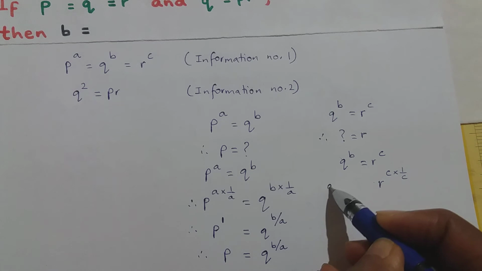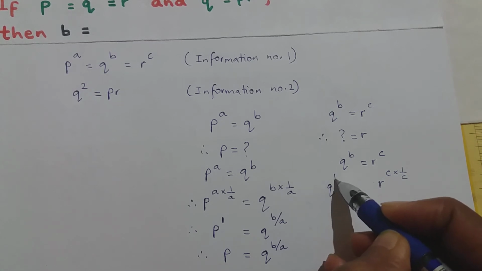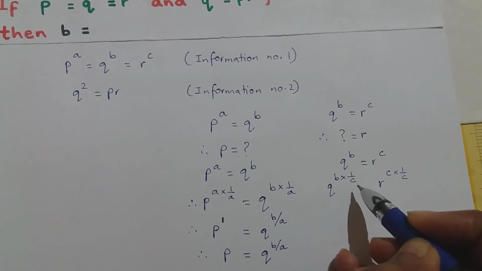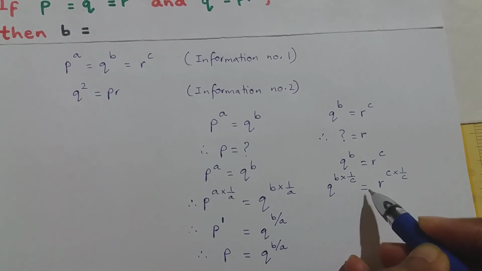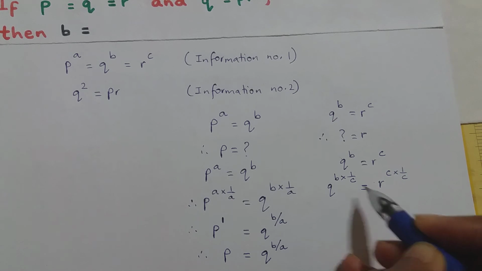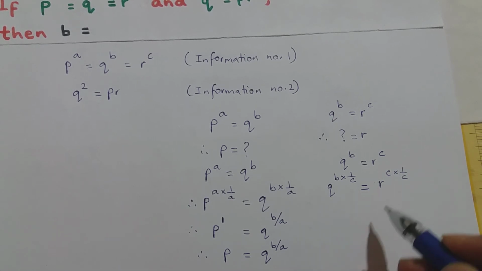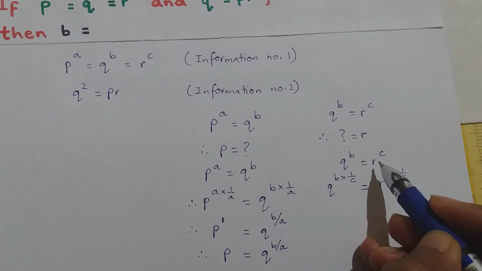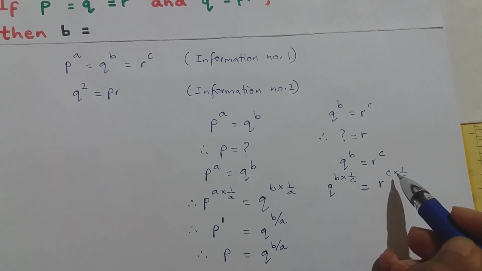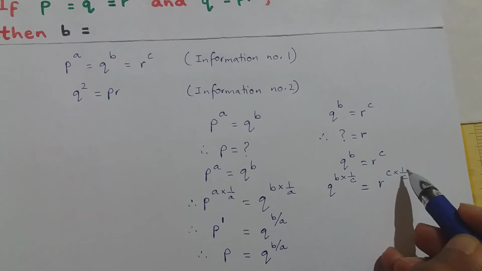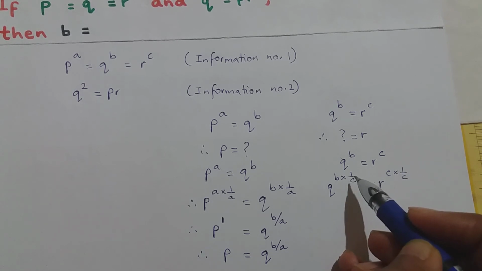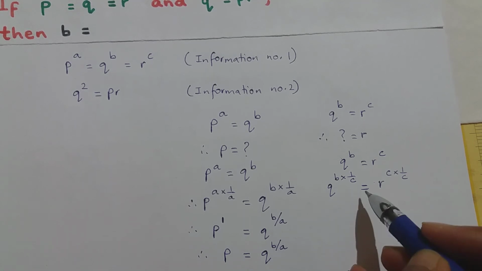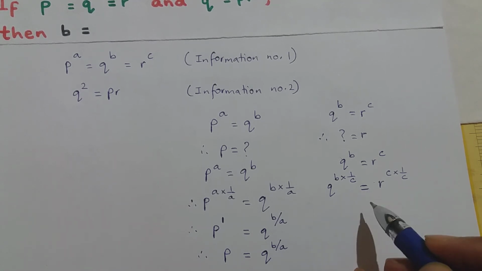So it will be q to the power b into 1 by c. This is equal to this, because this was the original equation and I multiplied the powers with 1 by c on both sides. So it is still in equation form.